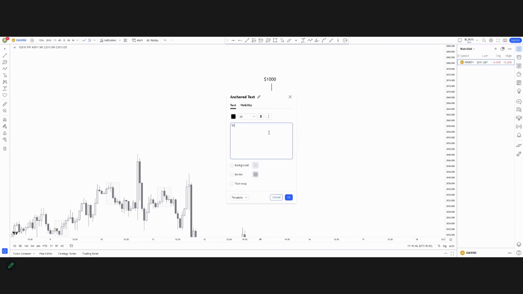Now you only have $500 in your account. Why do you lose 50% of your account? Because of a poor win rate. You lost 50% of your account, which is huge.